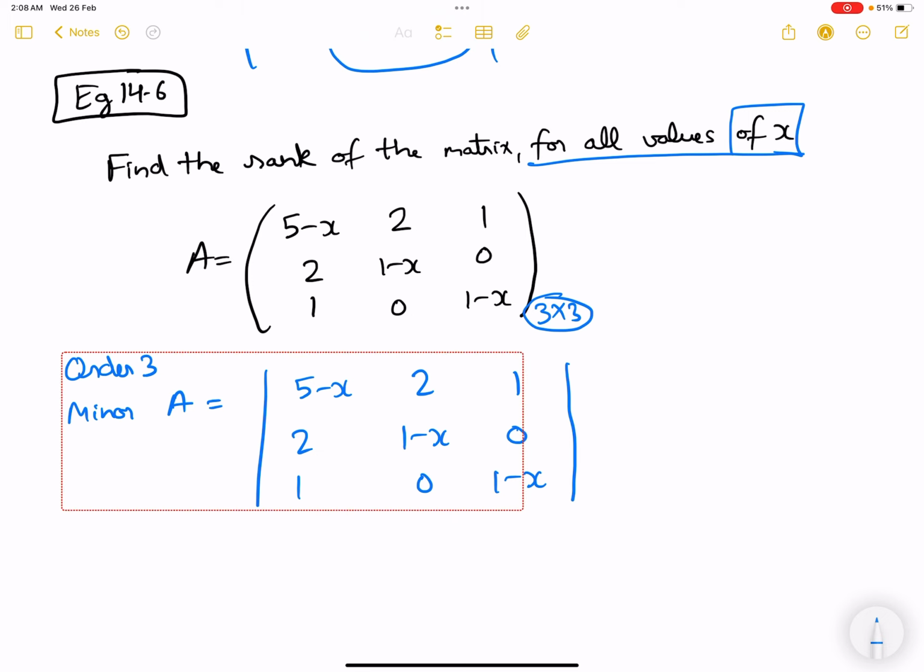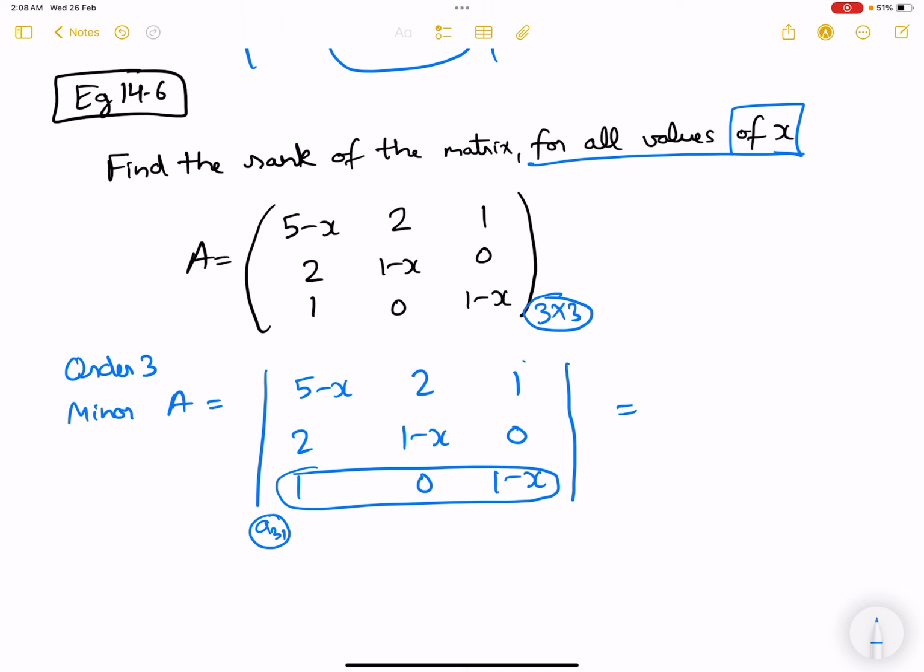Okay, so solving this along this row, this is A31, so positive sign. So 1 times (2 into 0, 0 minus 1 minus x), minus 0 times something, 0 only, plus (1 minus x) times (5 minus x into 1 minus x minus 4).